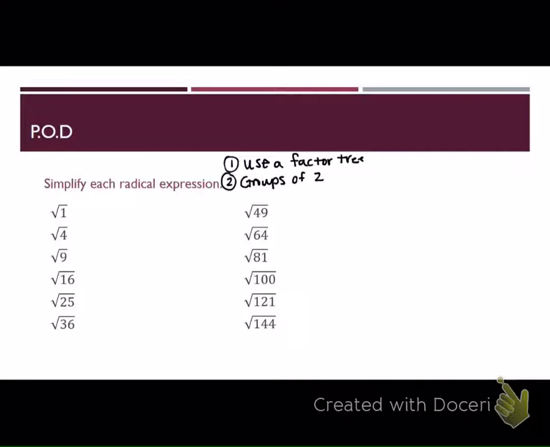So you do a factor tree and you look for groups of 2. Do you guys know what I mean by a factor tree? I hope. So once you find your groups of 2, you take anything that's circled, you take 1 and it goes to the outside, and if it doesn't have a partner, it stays underneath.